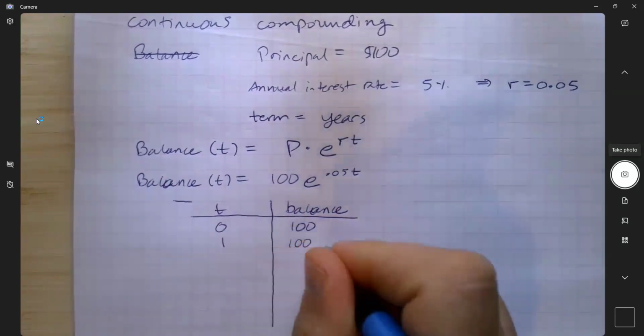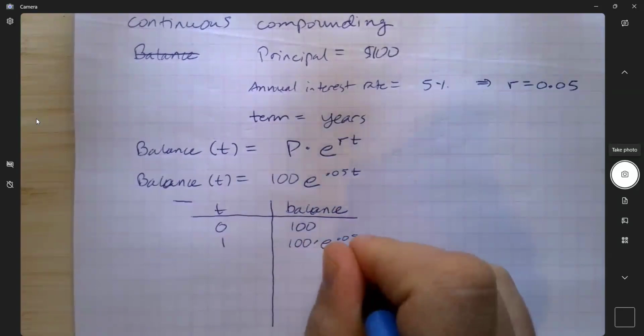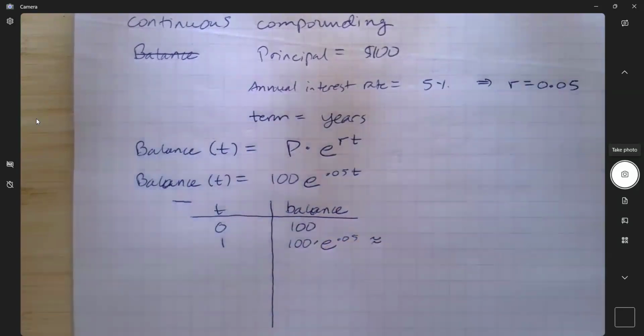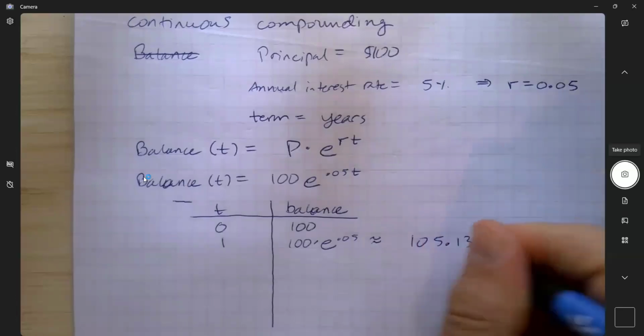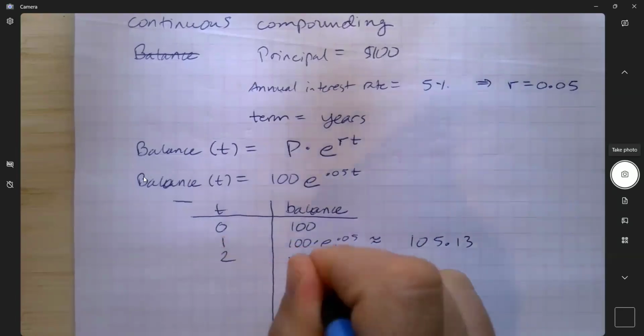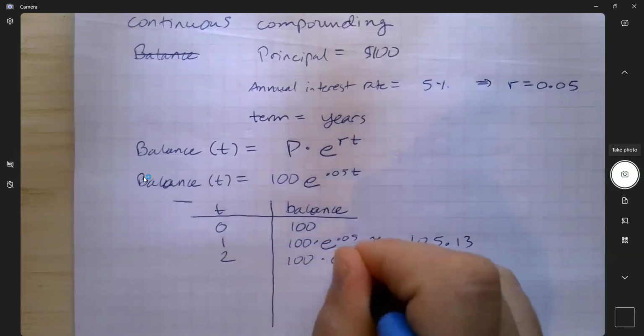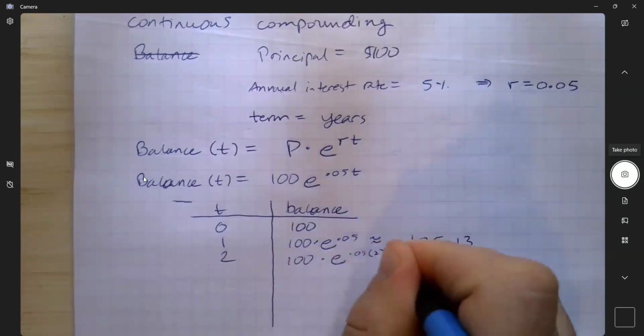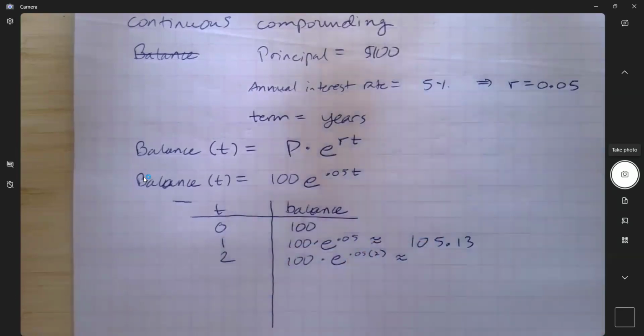After 1 year, it's 100 times e to the 0.05, which is about 105.13. After 2 years, it's 100 times e to the 0.05 times 2, which is 110.52.